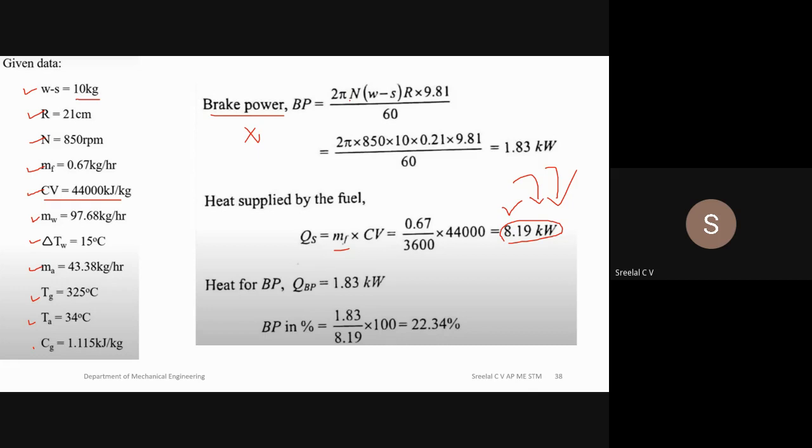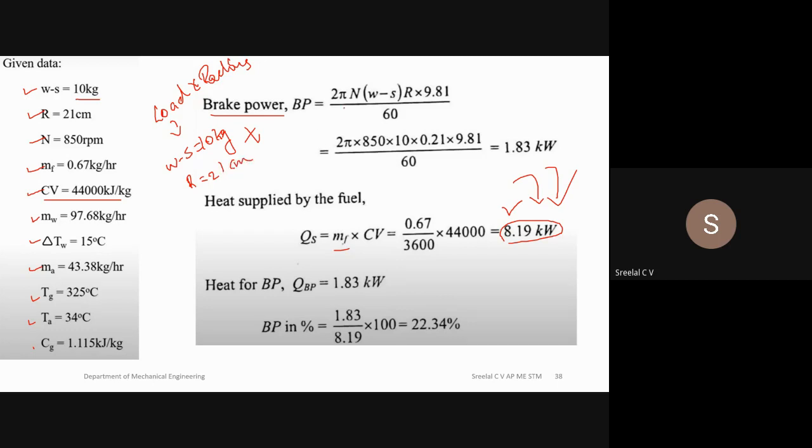Okay, in the case of this, what will be the torque? Torque is load into radius, right? Okay, this load is given as Ws equal to 10 kilogram, and the radius is given as how much? 21 centimeter, right?